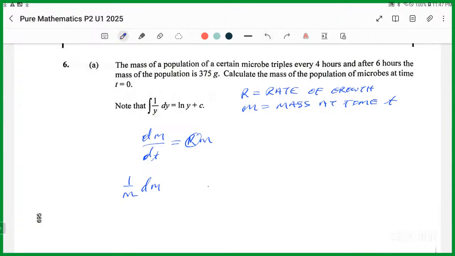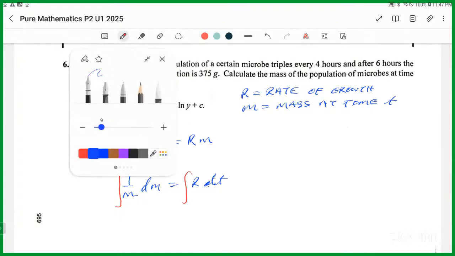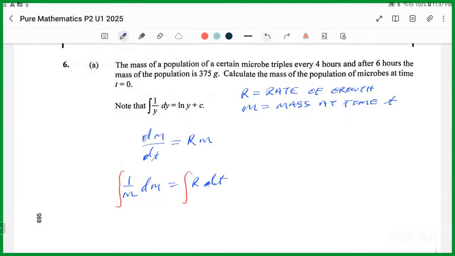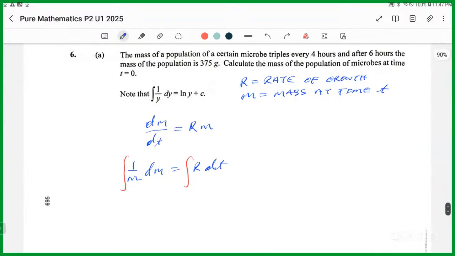And now, when I multiply the dt up here, I'm going to get r dt. I'm going to integrate both sides. The integral of 1 over m dm is ln m. So ln m equals rt plus some constant.